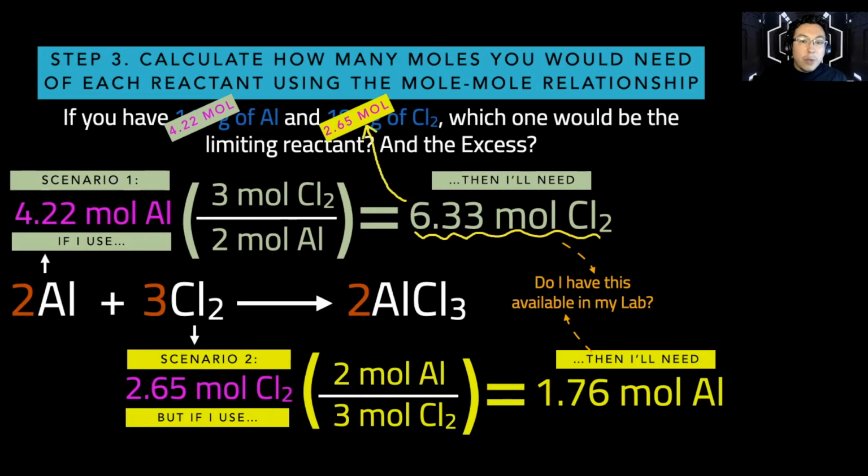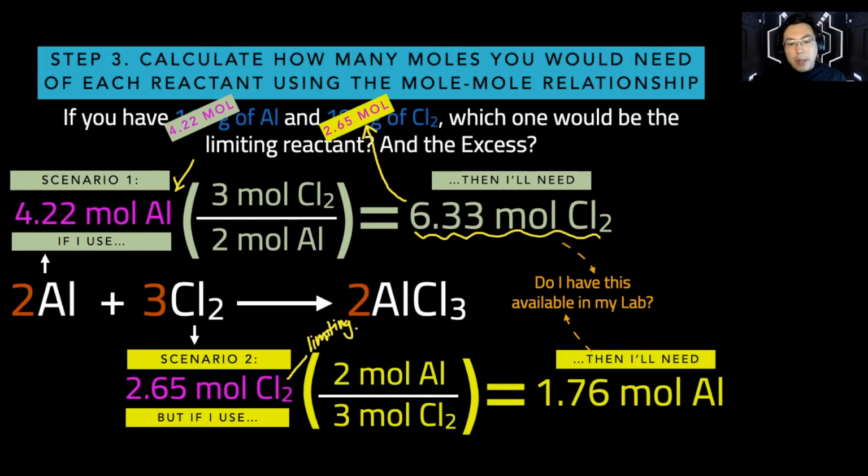I have 2.65 only. So I will not be able to do my process with aluminum. That means that chlorine, because it's going to run out, will be my limiting reactant.